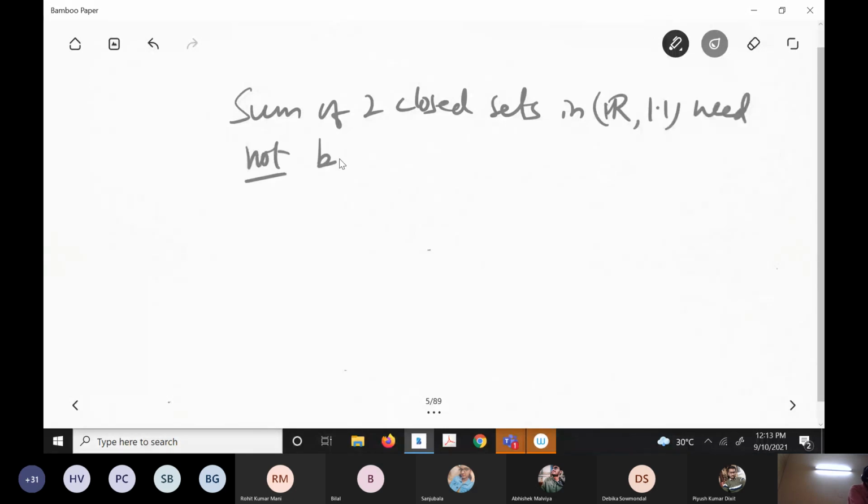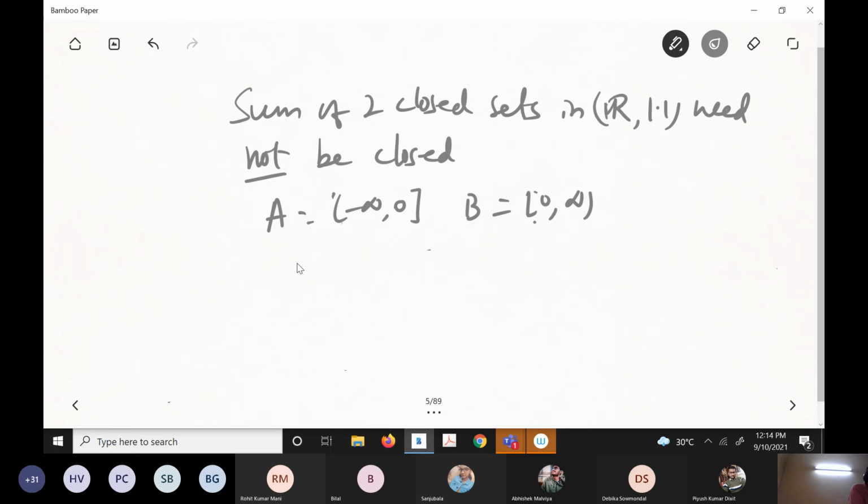This is the thing. Unless you take this, it won't be closed, right? You need to take that.